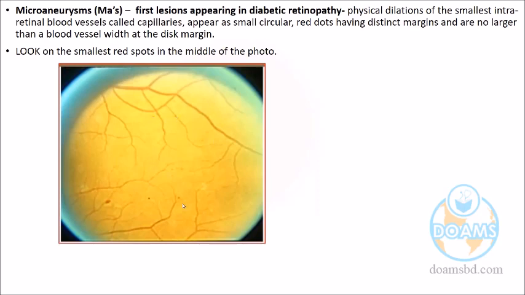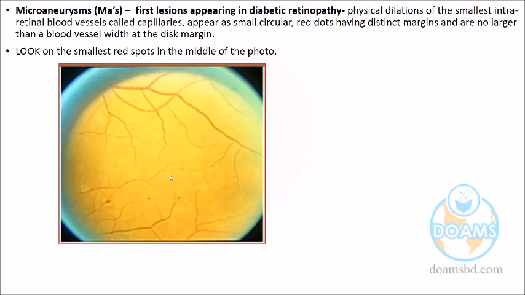There are some small vessels. If you cannot see very minutely, you may miss it. This is called MA, microaneurysm, the smallest red spots in the middle of the photo. Can you see? I hope you can see. This is small. It may look normal to you, right?